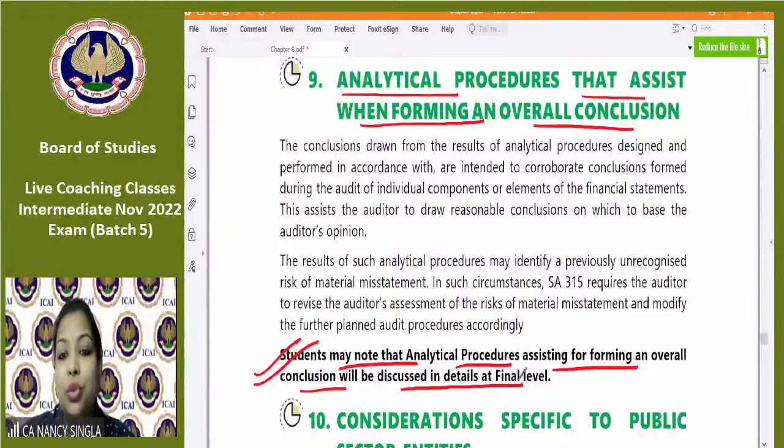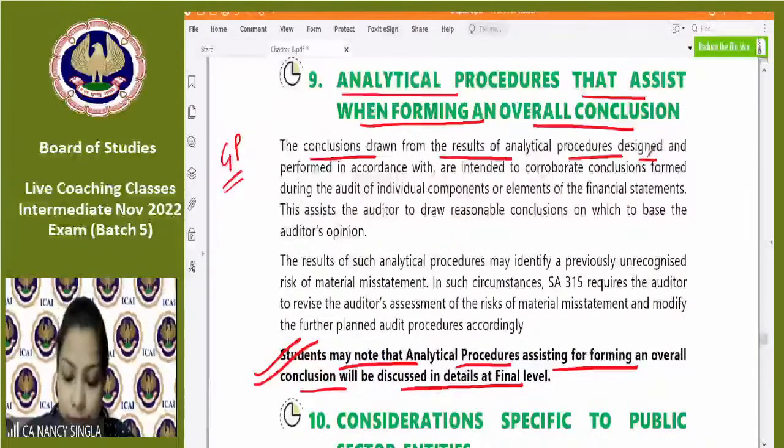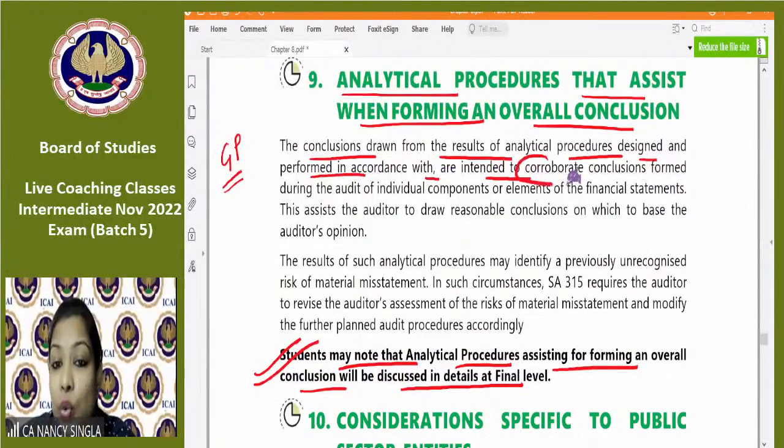And if you remember students, I gave you an example कि अगर GP ratio correct है, इसका मतलब ये नहीं है that all the elements of P&L are correct and there is no need to check them. है ना? So see what is mentioned. The conclusions drawn from results of analytical procedures designed and performed in accordance with are intended to corroborate. Corroborate is what?